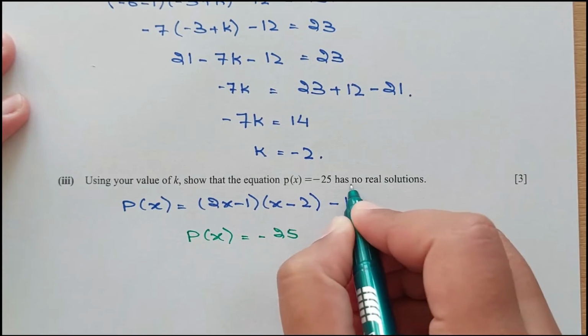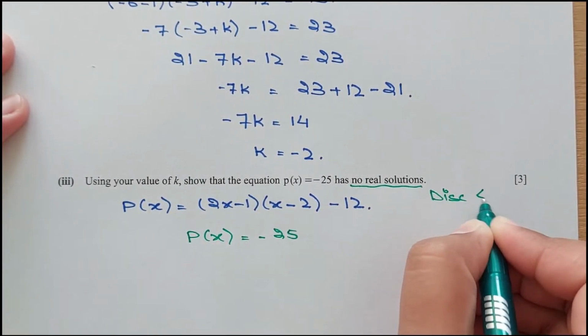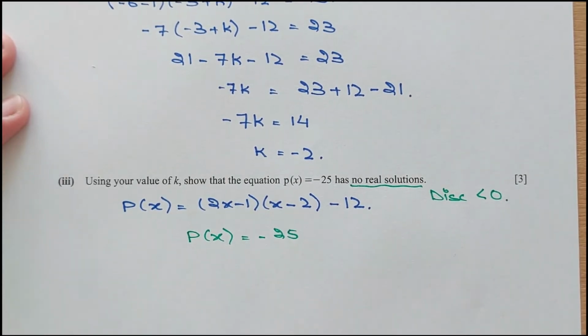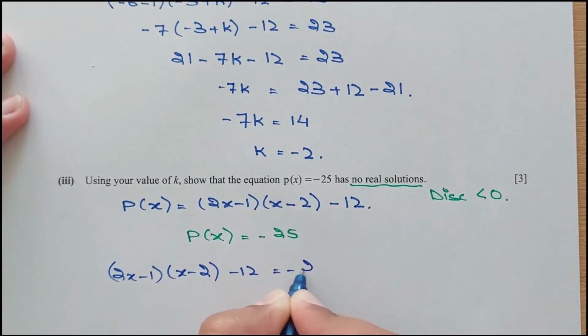If it does not have any real solution, it means its discriminant is less than 0, negative. Now let's see. The polynomial equals minus 25, so 2x minus 1 into x minus 2 minus 12 equals minus 25. Now let me multiply.